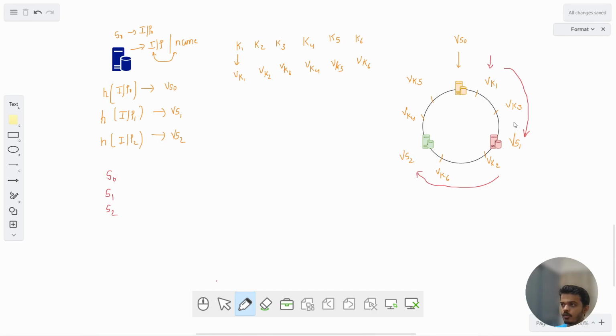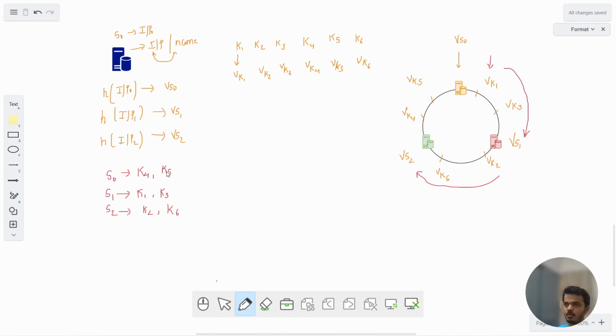Now if we go in the clockwise direction, key 1 and key 3 are mapped to S1. Key 2 and key 6 are mapped to S2. And key 4 and key 5 are mapped to S0. This is how the keys are assigned to the servers.